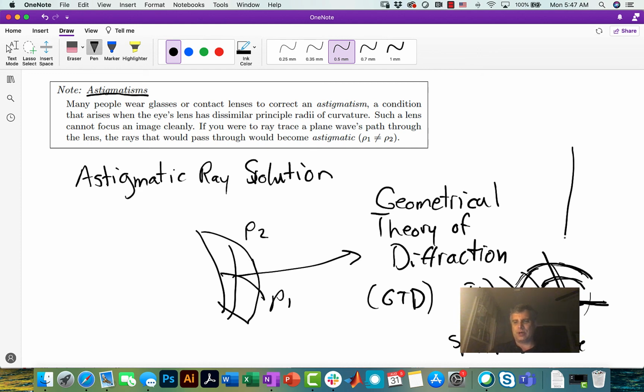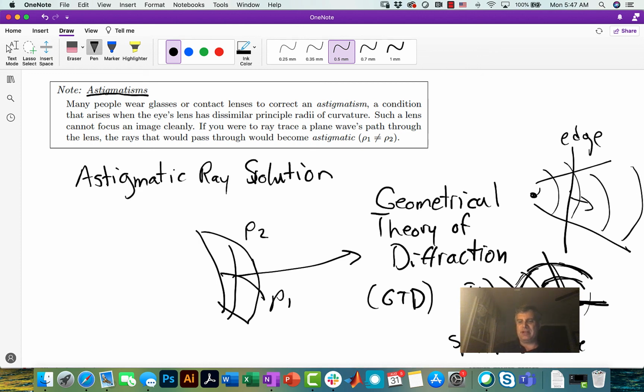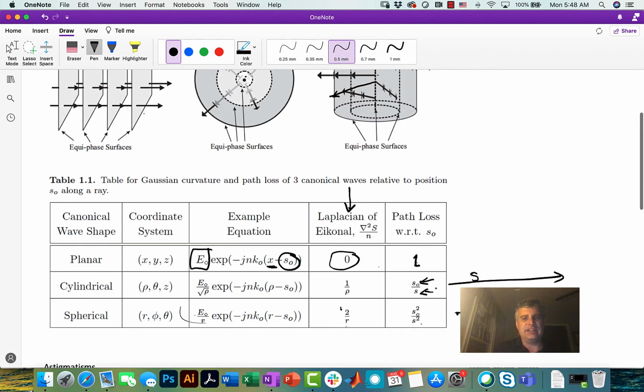However, if you look at this problem from the side view, here's my edge, here's my source. In this direction, the radii of curvature doesn't change at all, which means by necessity this wave coming off this edge is going to be astigmatic with mismatching rho sub 1s and rho sub 2s. So an important thing to keep in mind.